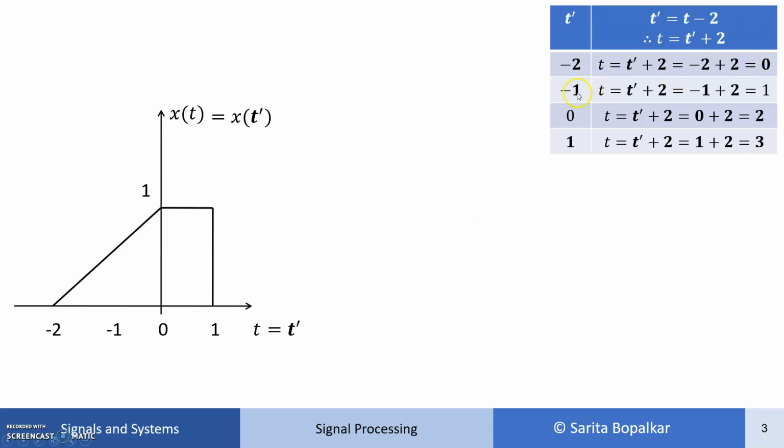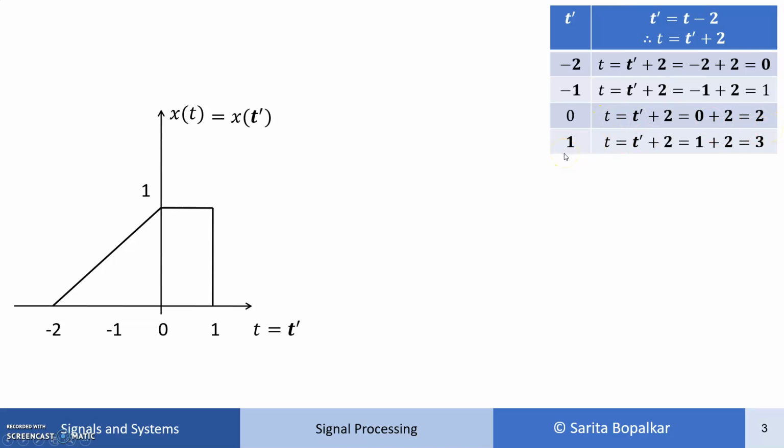Now t dash is equal to minus 1, t is equal to minus 1 plus 2, 1. So whatever the amplitude at t dash equal to minus 1 will get transferred to t equal to 1 in the delayed sequence. t dash is 0, t becomes 2. So whatever the amplitude at t dash equal to 0 will get transferred to t equal to 2 in the delayed sequence.